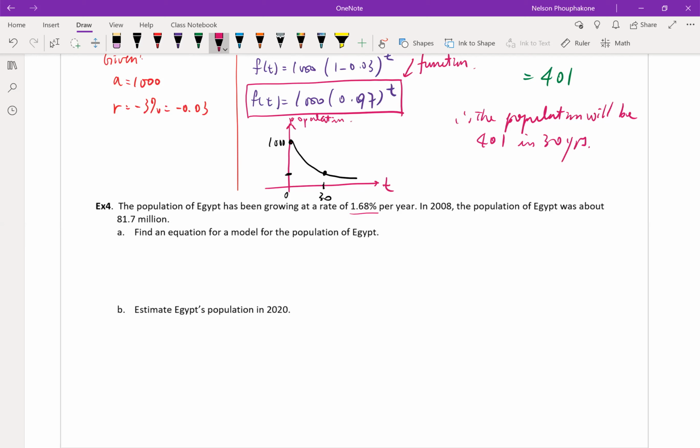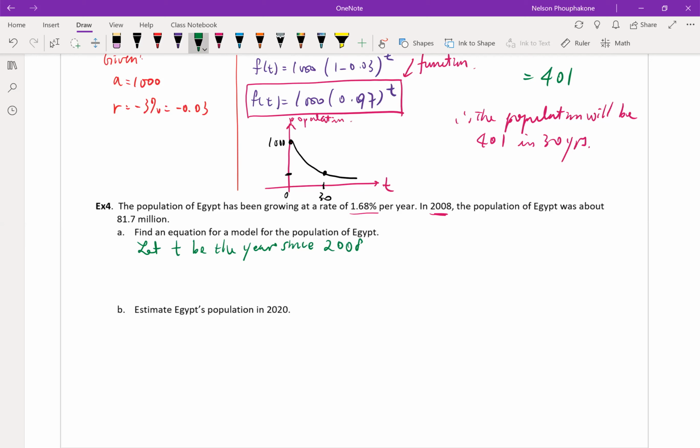So what I would like to do here is work with this year, 2008, and make this year the initial value. How could I do this? Here, we just need to write a statement. I could write: let t be the years since 2008.